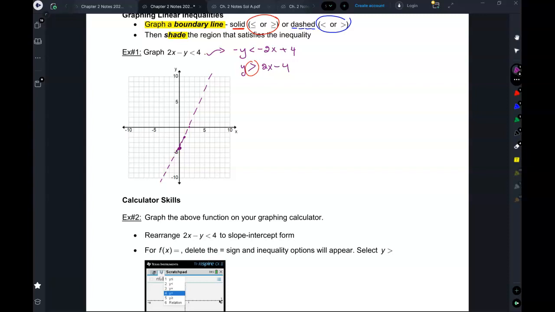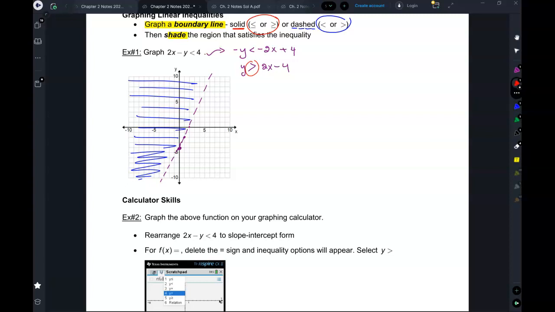So if it says greater than, I'm going to shade the region above, which is going to be here. Any point in this shaded region will satisfy this inequality. However, are points on the line itself included? No.